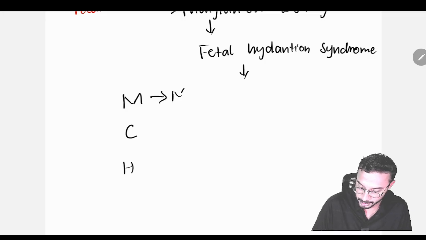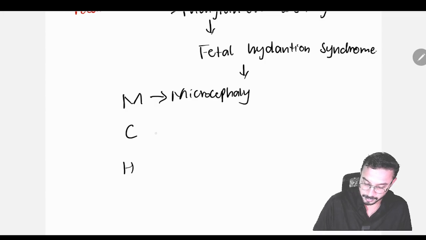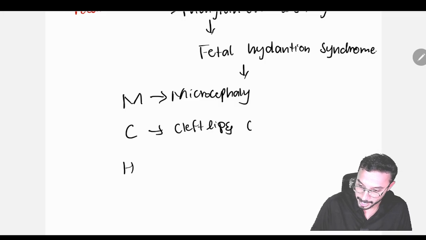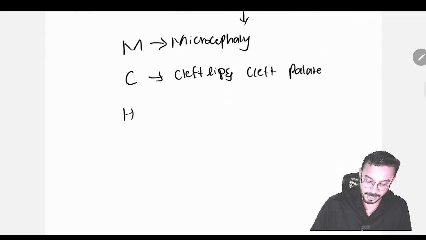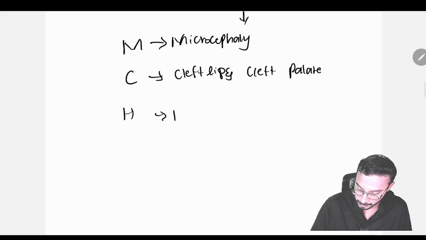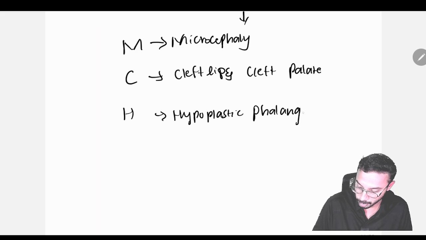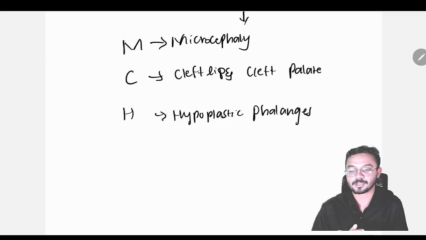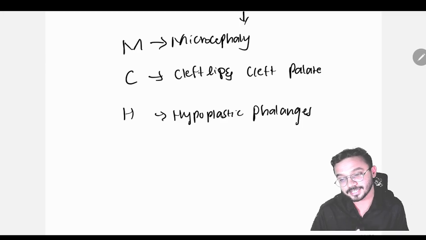M stands for microcephaly, C stands for cleft lip and cleft palate, and H stands for hypoplastic phalanges. So consumption of phenytoin in pregnancy causes fetal hydantoin syndrome. MCH is the mnemonic over here.